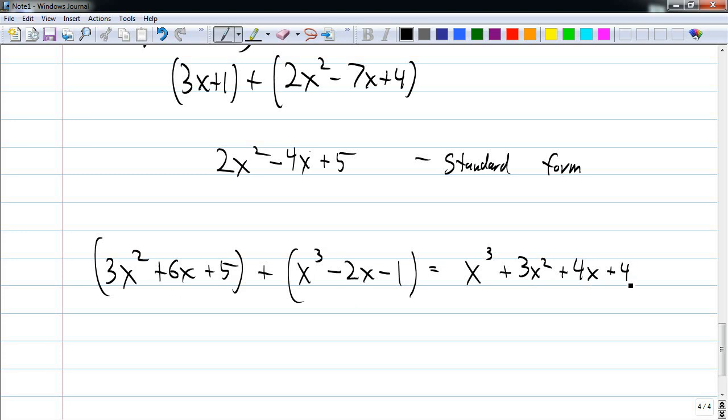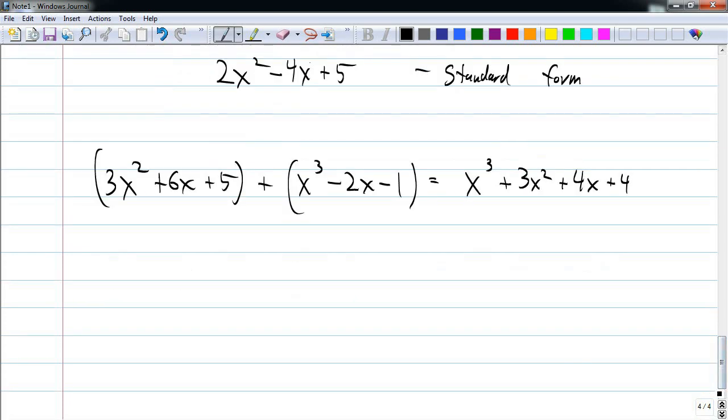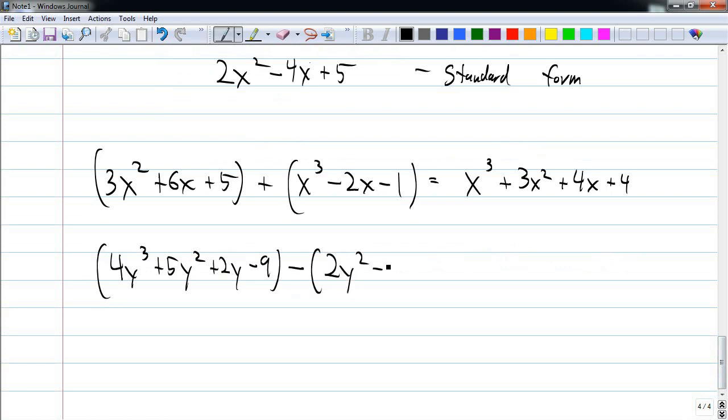Okay? Now, let's look at a subtraction problem. Let's look at 4y to the third plus 5y squared plus 2y minus 9. Let's subtract from that 2y squared minus 2y plus 3. The name of the game is still collecting like terms, but because this is a negative, I distribute that negative over this second group.